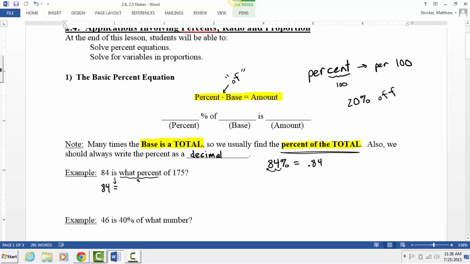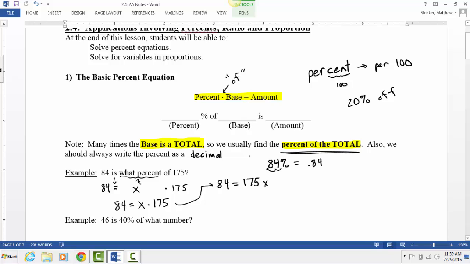This is our unknown. So a lot of times we use x for unknowns. And then "of" means multiply 175. Let's write that a little cleaner. 84 equals x times 175. Or it might look better if we said 84 equals 175x.